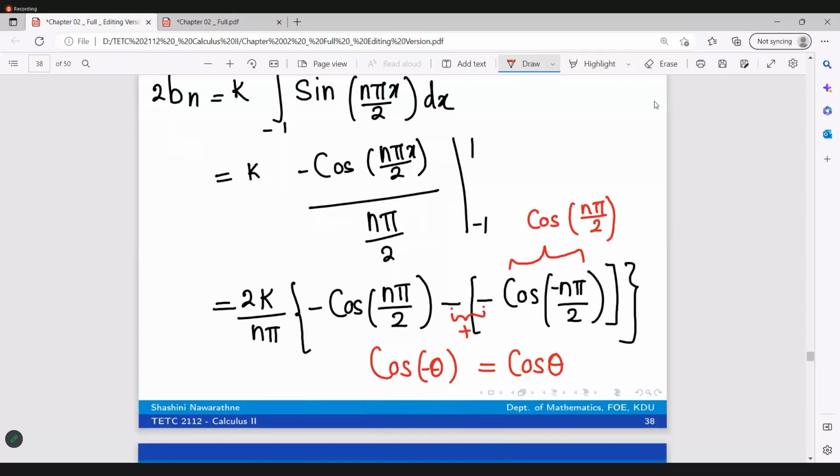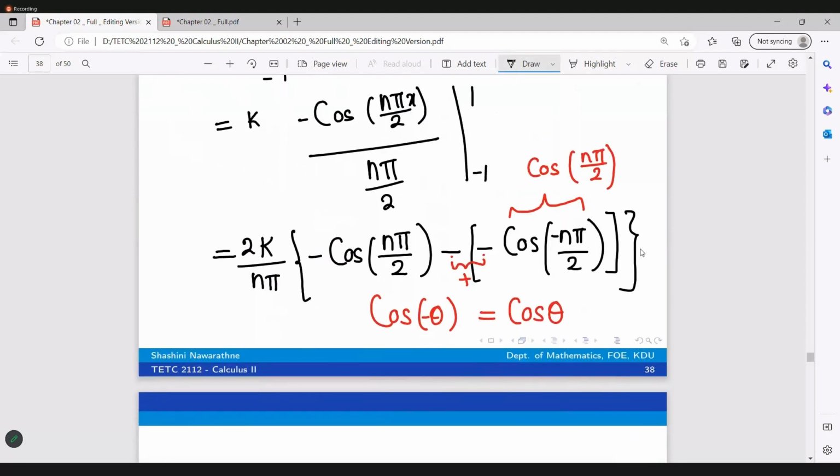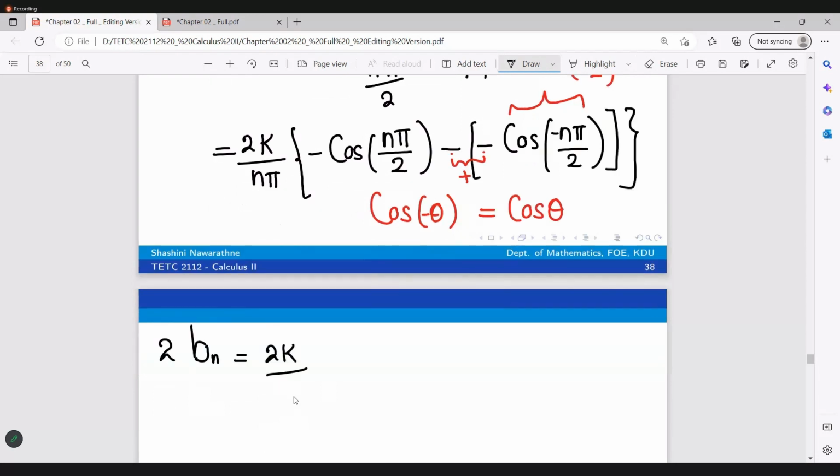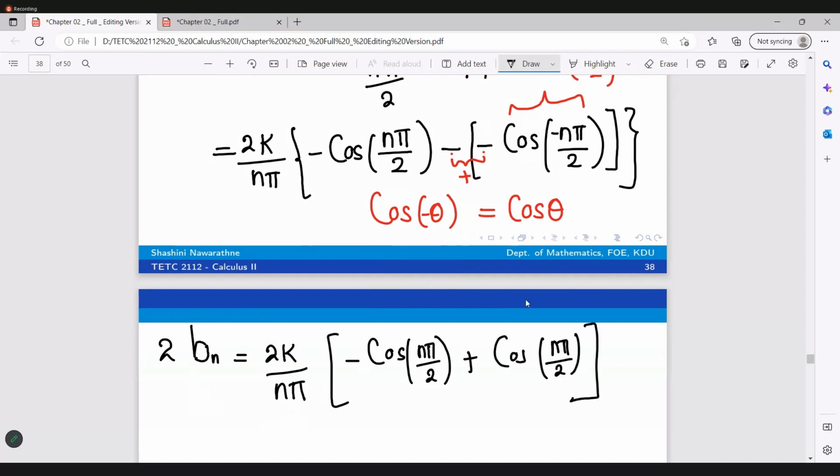So we obtain 2 times Bn is equal to 2k over n pi, minus cosine n pi over 2 plus cosine n pi over 2.